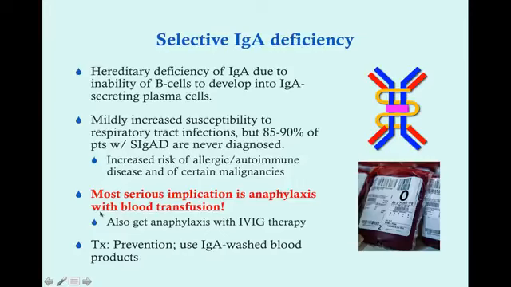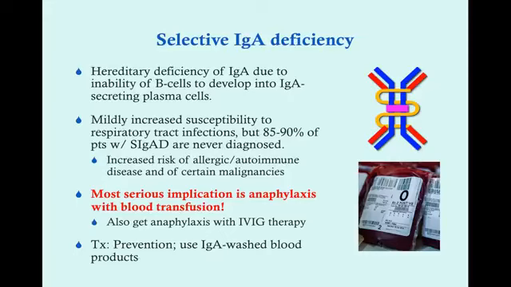So what came up in this patient was the most serious implication of IgA deficiency, and that's anaphylaxis with blood transfusion. In a lot of blood transfusions, unless they're specifically washed, they have a lot of IgA in them. And their body does not recognize IgA because they don't make enough IgA. So what results is that they get an allergic response.